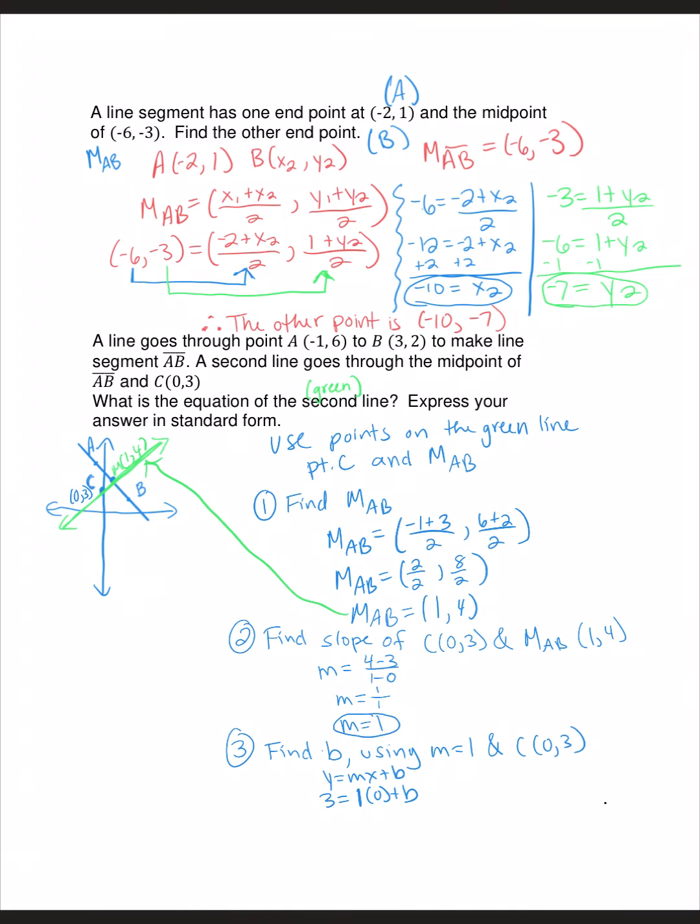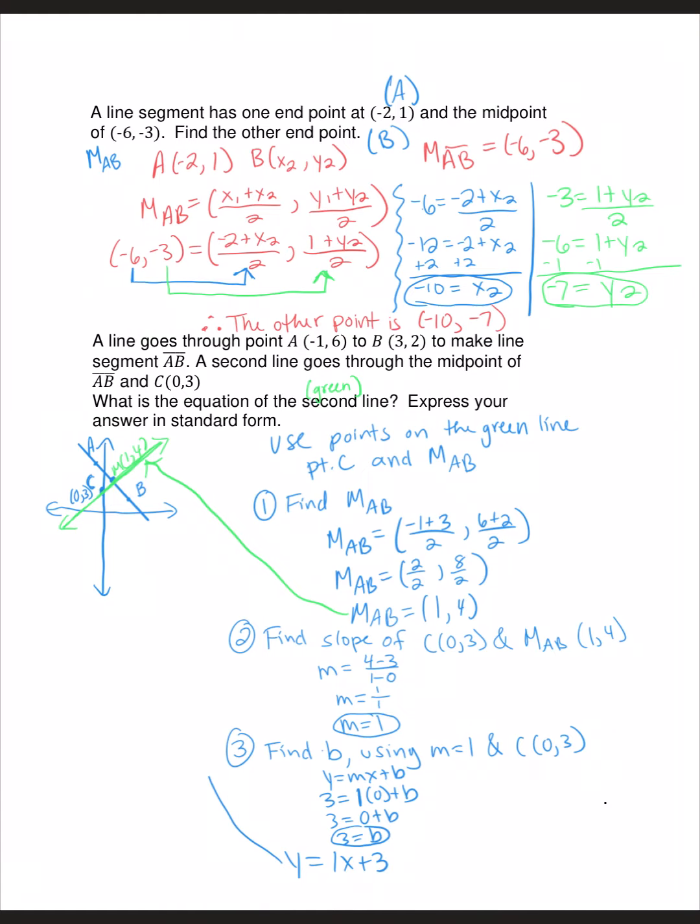Well, 1 times 0 is just 0, so 3 is going to be equal to my b value. Okay, so we can say our equation, in slope-intercept form at least, is going to be y equals 1x plus 3.